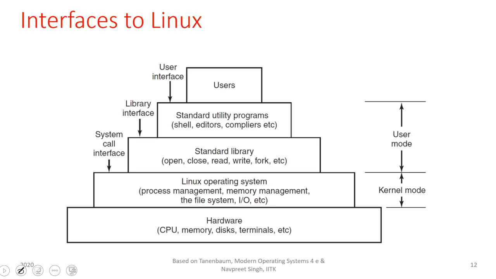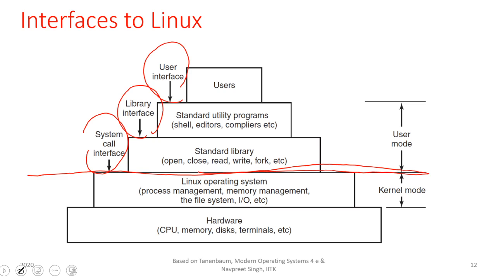Now if we think about interfaces to the operating system, we have system call interfaces, library interfaces, and user interfaces. Things running in kernel mode can be accessed by the system call interface. These are relevant to the file system, IO system, memory management, process management, and so on.